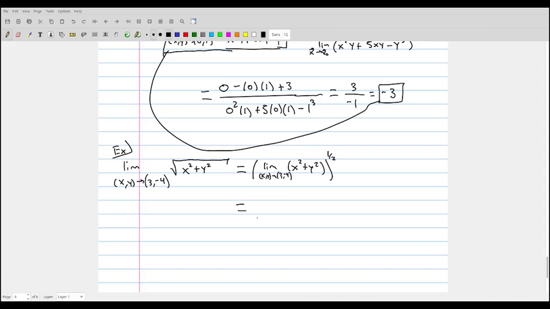And what you end up getting is exactly the same thing as 3 squared plus -4 squared, to the 1/2, or the square root of 9 plus 16, which is the square root of 25, or 5.